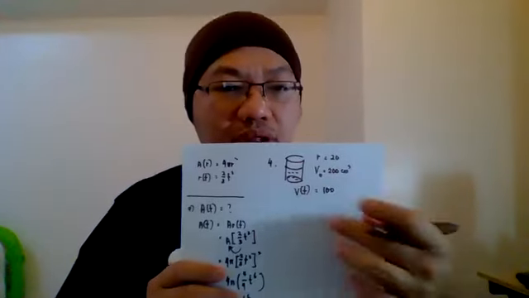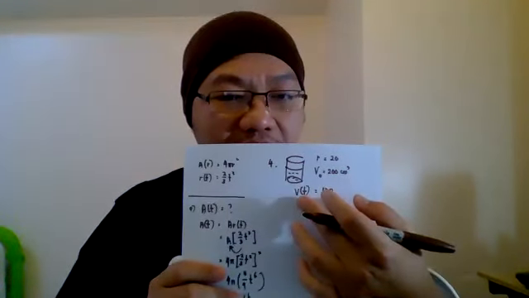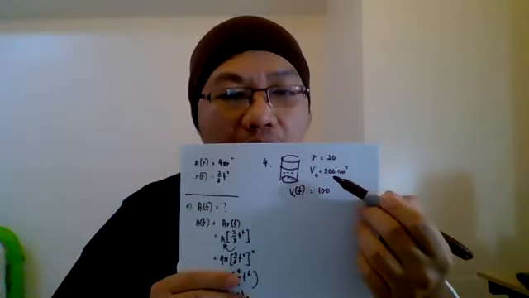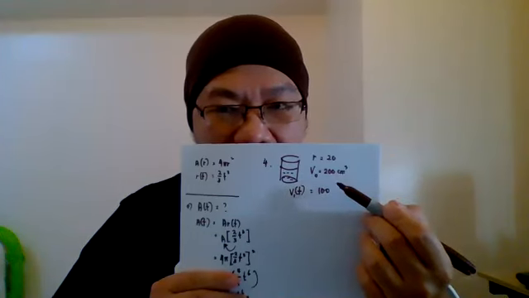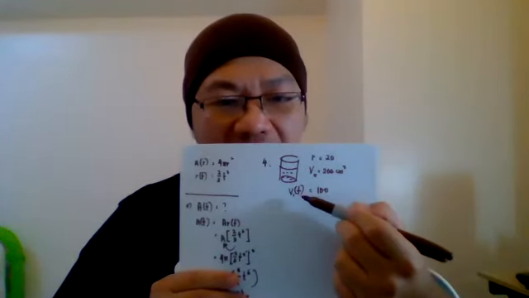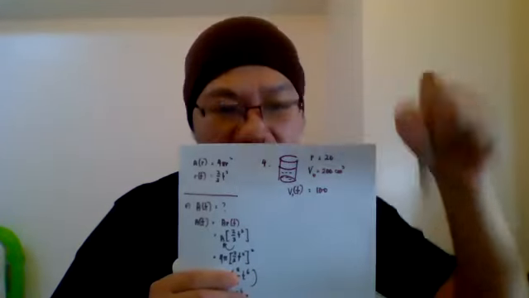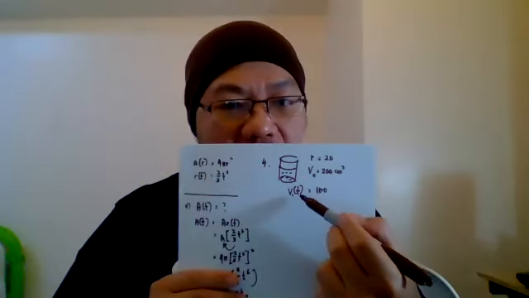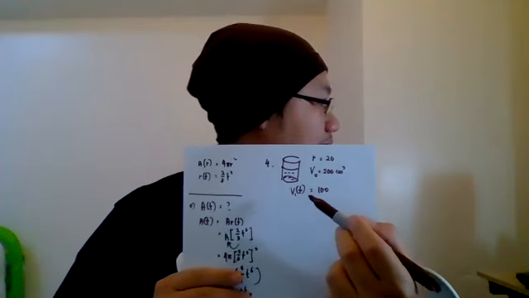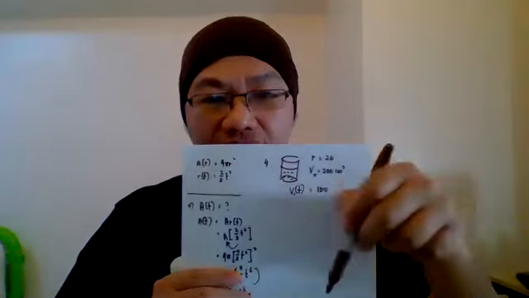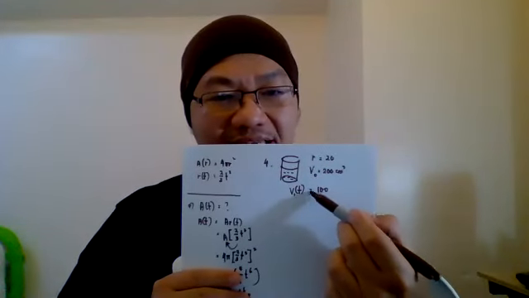I assume it as V1. V naught is the original volume of water inside the container. The V1 t here is the additional water that we put inside the container. Every 1 second, 100 cm cube will enter. That's why I write V1 t.